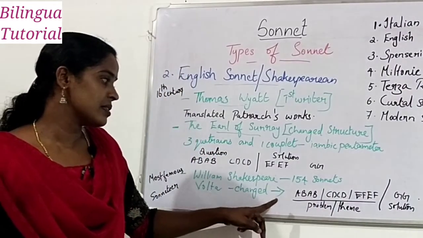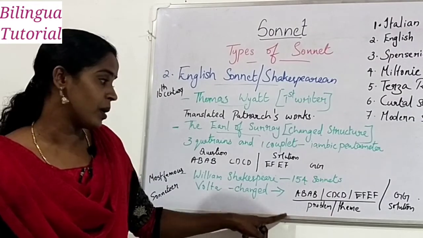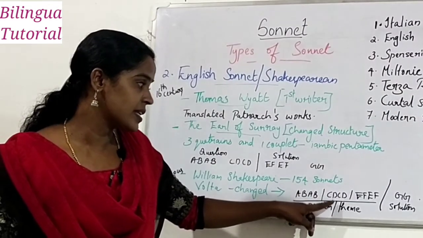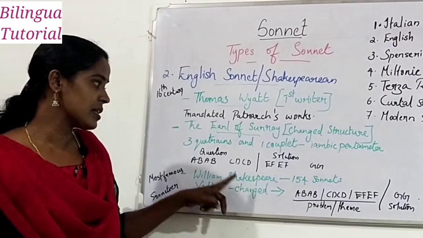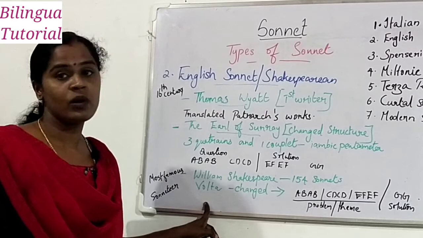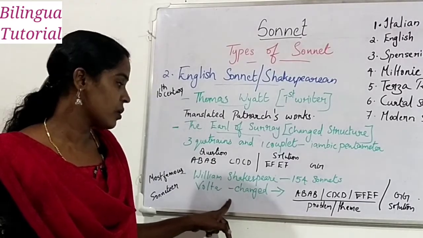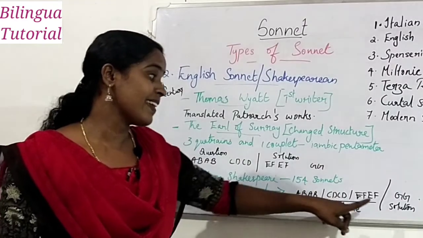So the first 3 quatrains explain the theme or the problem. So A, B, A, B, C, D, C, D, E, F, E, F. In these 3 quatrains, there is no change in rhyme scheme, but there is a change in volta. So the feel or mood of the poem changes only at the end.